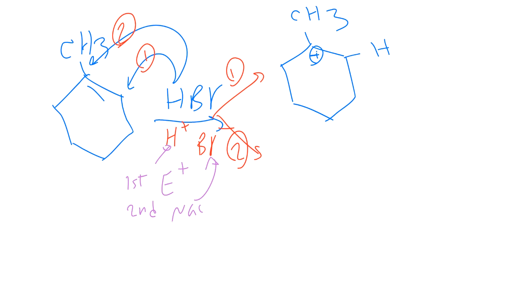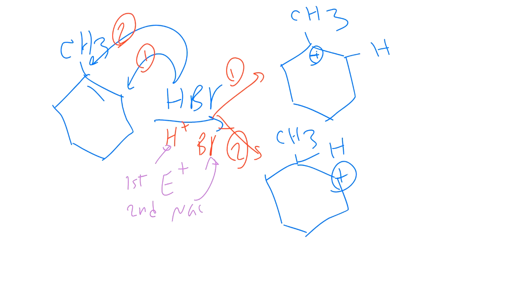If route 2 is going to take place, we are going to write the backbone of the molecule. Now hydrogen is added to carbon 2, so we have a hydrogen here, and the other carbon is going to take the plus charge. These are two possible routes.